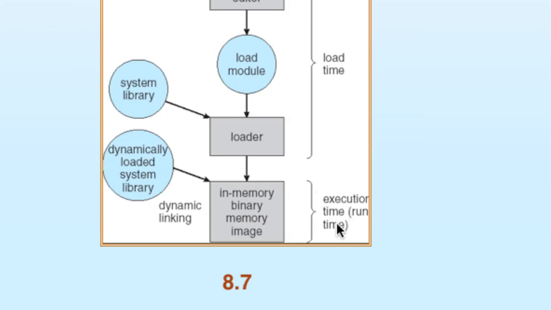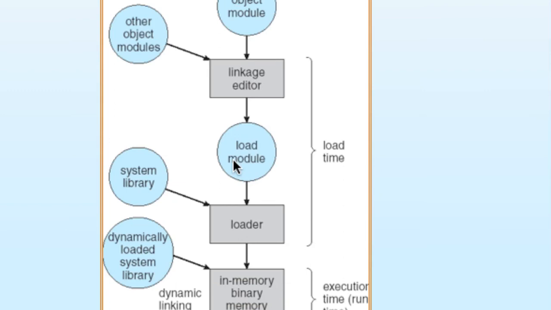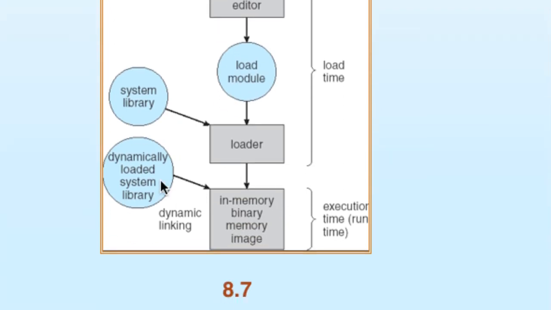At execution time or at runtime, this is kind of the last step. It says dynamically linking down here, and even though up here I said DLLs are kind of here too, it's the same thing. But down at runtime, after we're loading the objects into memory, if the object isn't there, assuming that this came from another program, dynamically loading the system library and dynamically linking it is pretty much the given task, whether it's preloaded or whether it's being loaded and linked all at the same time.